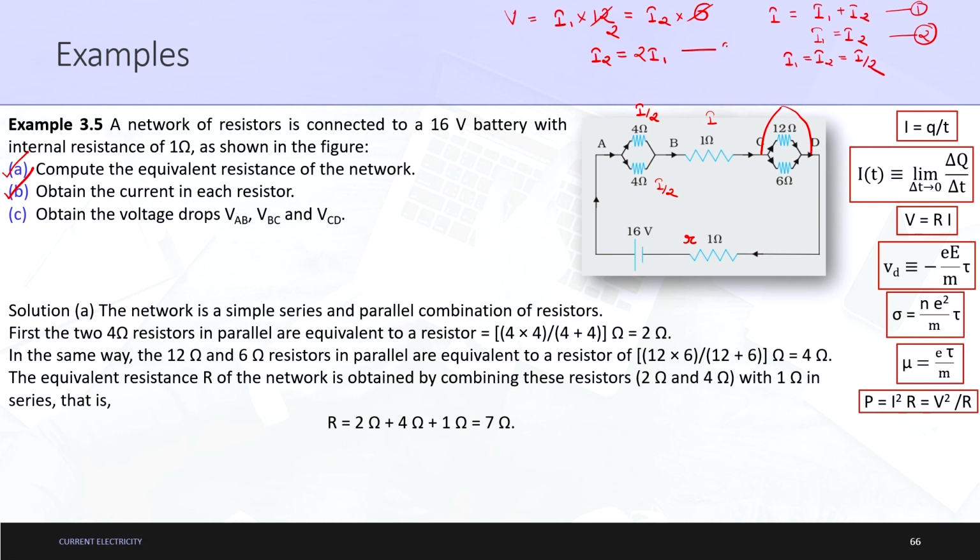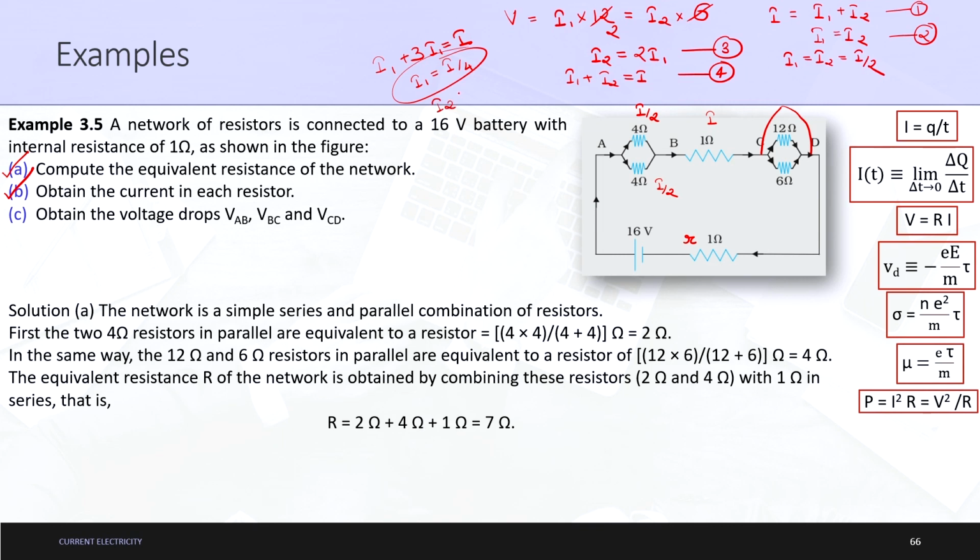Also using this as equation number 3 and I1 plus I2 is equal to I, we can obtain that I1 plus 2 I1 is equal to I, so I1 is equal to I by 3.